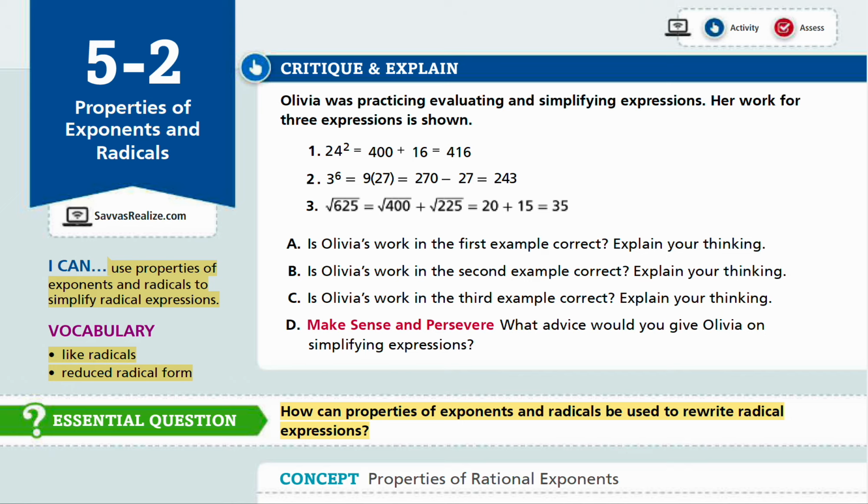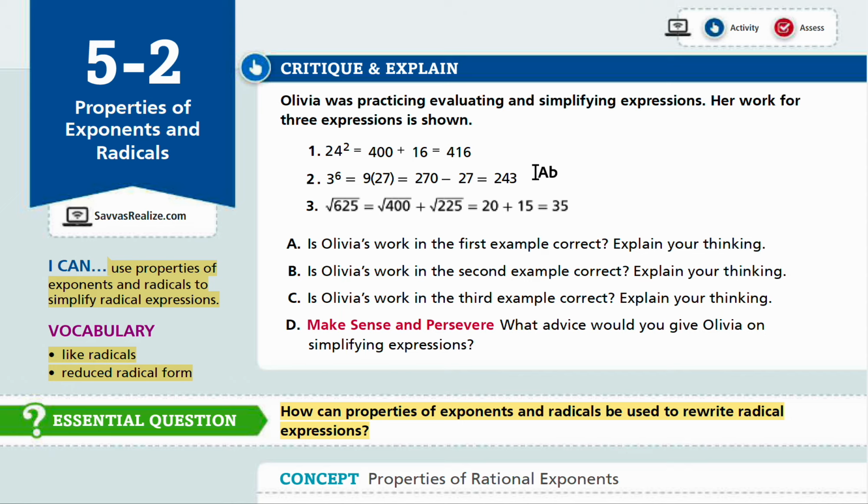Olivia was practicing evaluating and simplifying expressions. Her work for 3 expressions is shown. So you can see that the first equation, she has 24 squared, would be equal to 400 plus 16, which is equal to 416. Is that correct? And then the second one, 3 to the power of 6 could be rewritten as 9 times 27, which is equal to 270 minus 27.